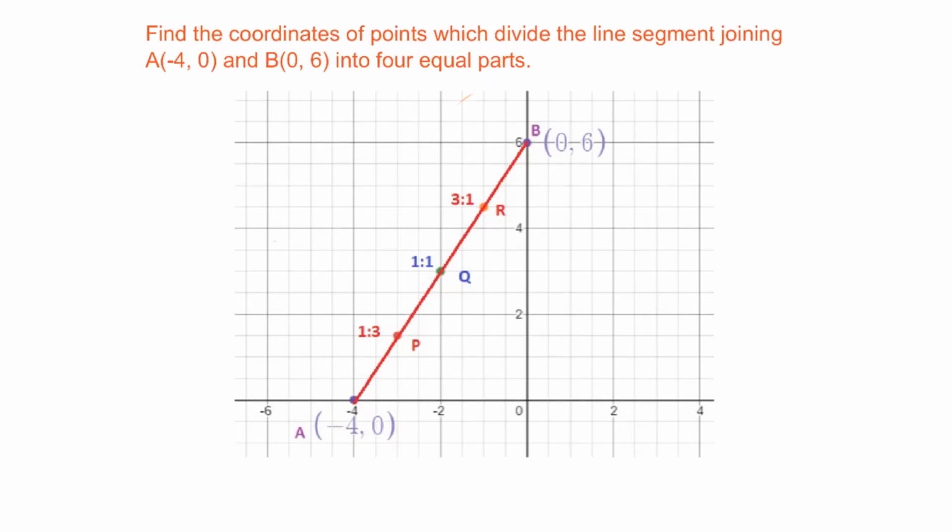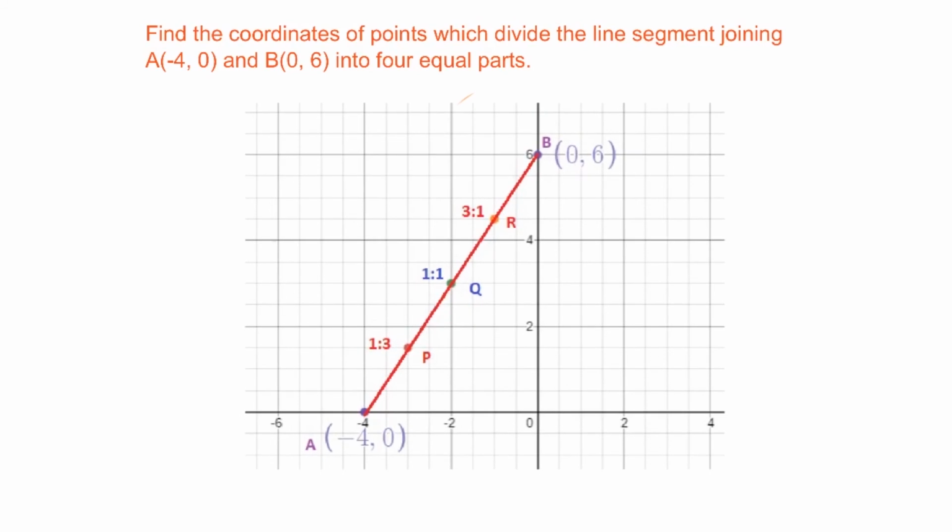For the first point we will take m is to n as 1:3, and for the second point we take 1:1, or Q is also the midpoint of A and B, so directly you can find the midpoint. For the third one, to find R we consider 3:1 as m is to n. This one is x1, y1 and this is x2, y2. So let us find using the section formula.